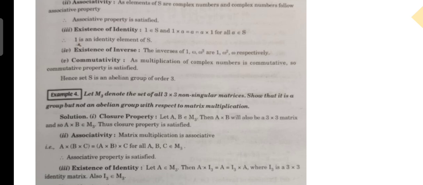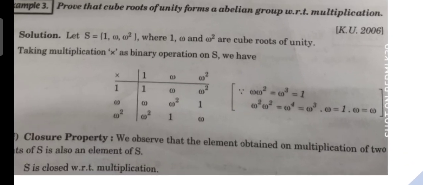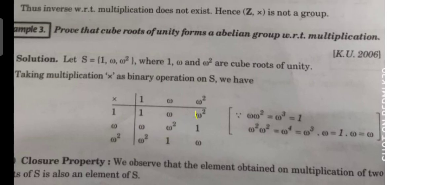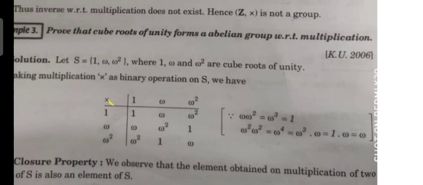Fourth property is existence of inverse. We'll see in the composition table. For existence of inverse, we'll circle the identity element 1 in each row and column. After circling the 1, we'll see the elements above that number and to the left side using the lines we have drawn. For the first column, 1 has 1 above it and 1 to the left of it.